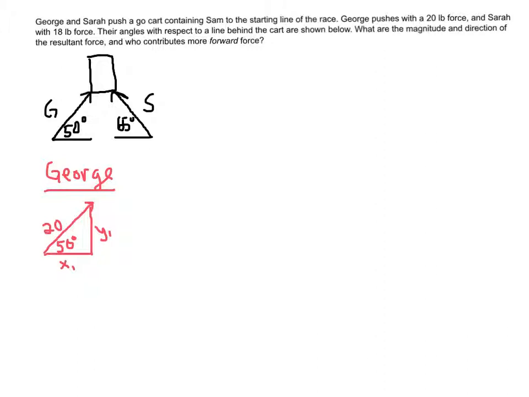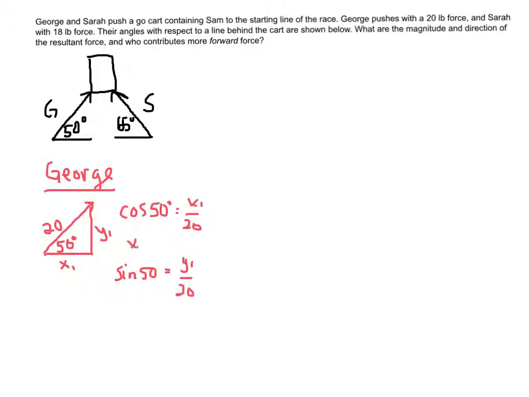So to do so, we're going to do the cosine of 50 degrees. That's going to equal the x component over 20. And for the y component, we're going to do the sine of 50, and that will be y1 over 20.